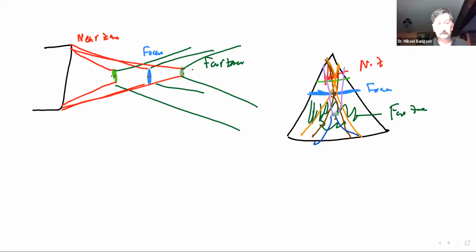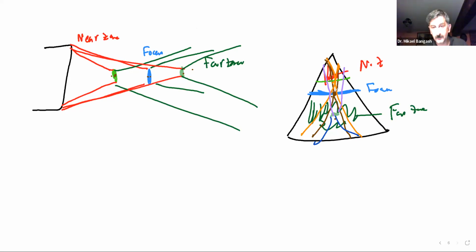But this is mainly what it means to focus at a specific point. That's going to be the point where the beam is going to be narrowest.